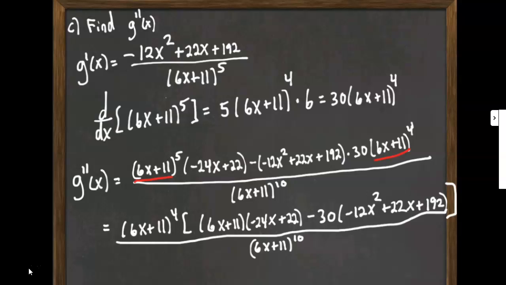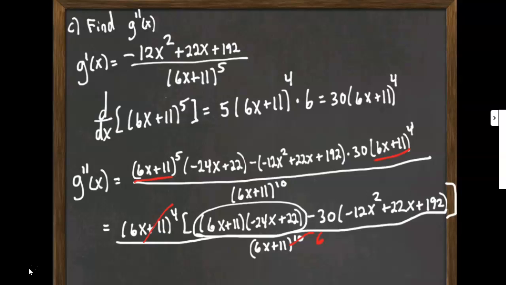Now, here I have to do a little bit of simplifying. I am starting to run out of room on this page. So first off, my 6x plus 11 to the fourth will cancel with my 6x plus 11 to the 10th to leave 6 of them left in the bottom. And then I just want to take this piece right here and start simplifying. So I have 6x plus 11 times negative 24x plus 22.